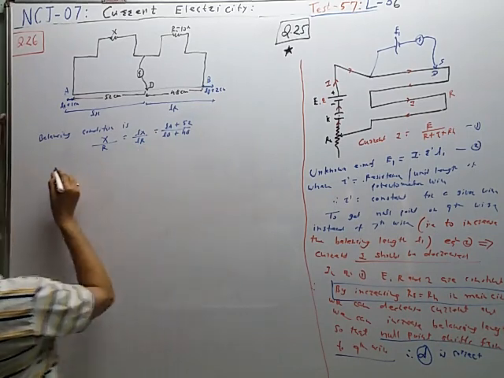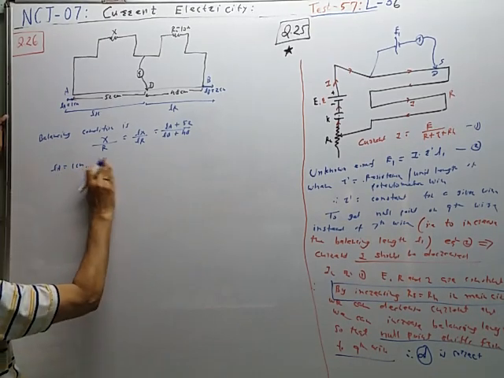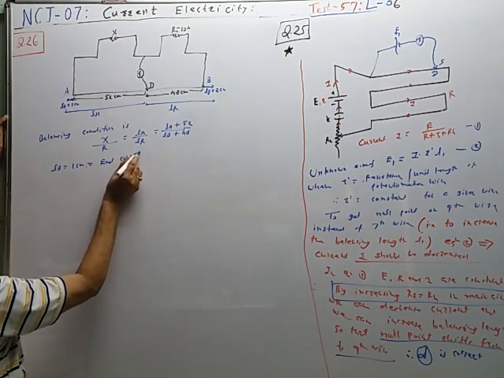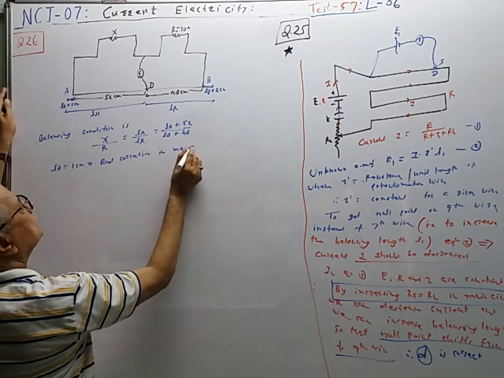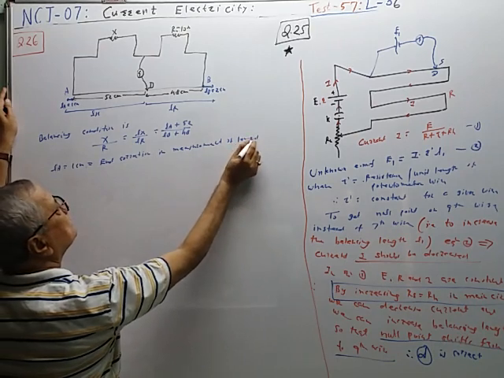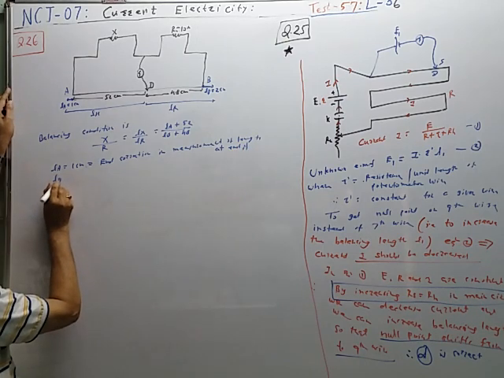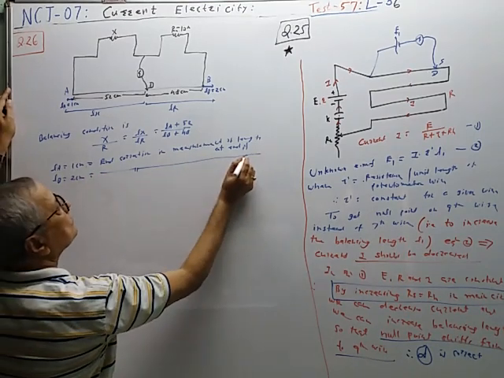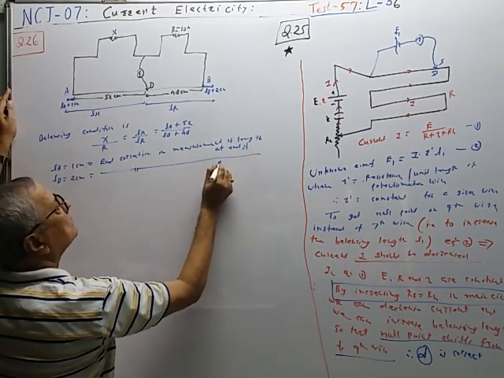So LA is equal to 1 centimeter, the end correction in measurement of length at end A. LB is equal to 2 centimeter, the end correction in the measurement of length at end B.